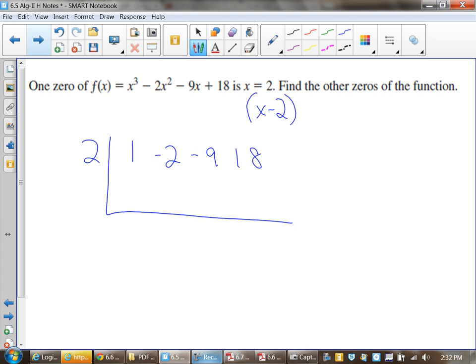Synthetically divide. Drop the 1. I had no remainder, did I? So when I use synthetic division there, what is my new term?